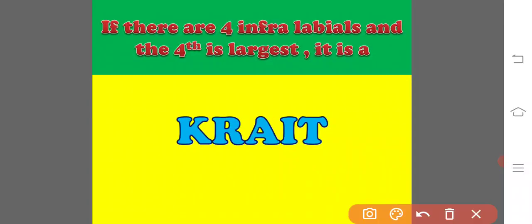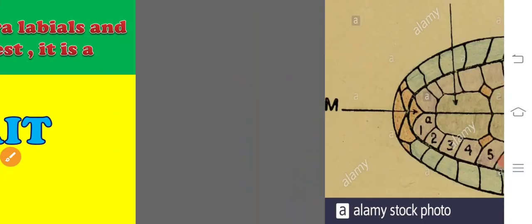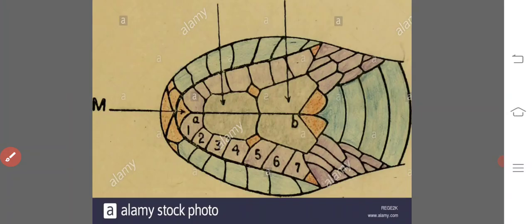And come to the infralabials. If there are 4 infralabials and the 4th is larger, then it is called the krait. So these are the infralabials.